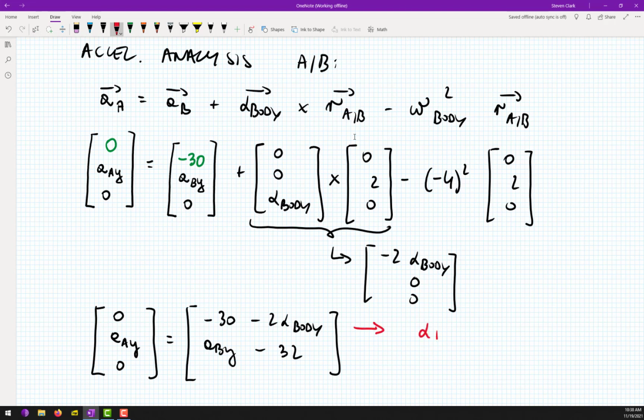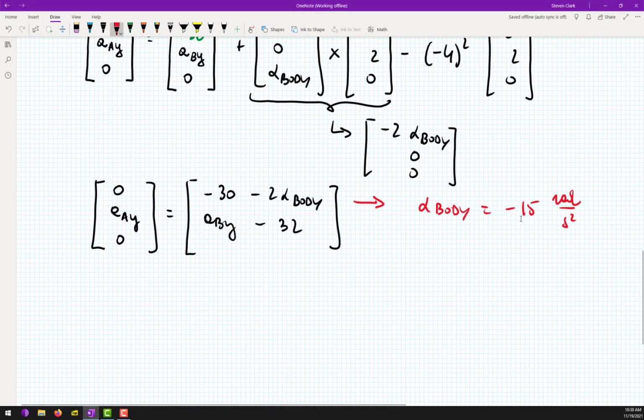So alpha body will be -15 radians per second squared. So alpha body rotates clockwise.